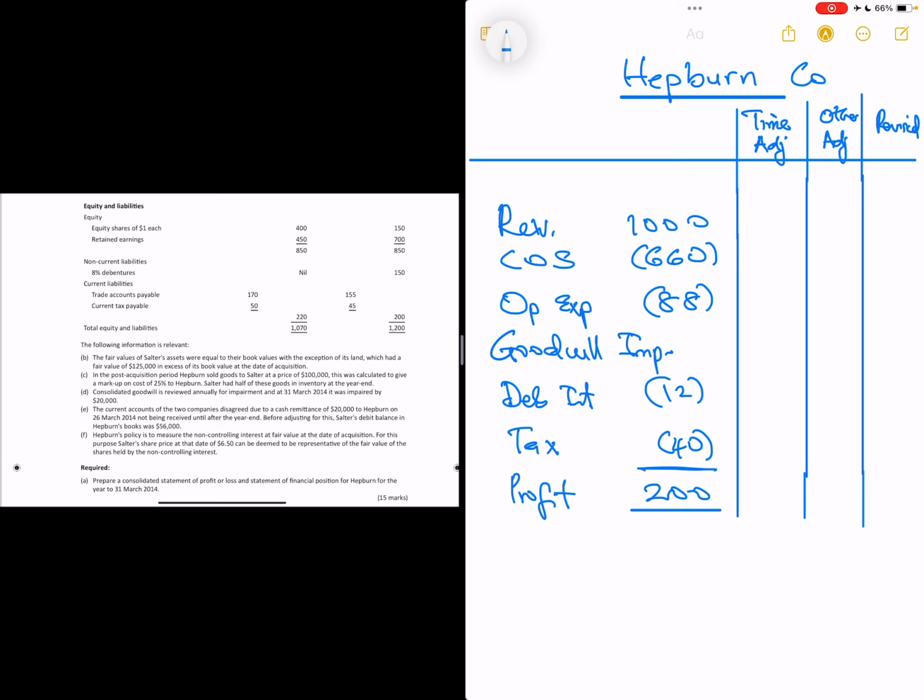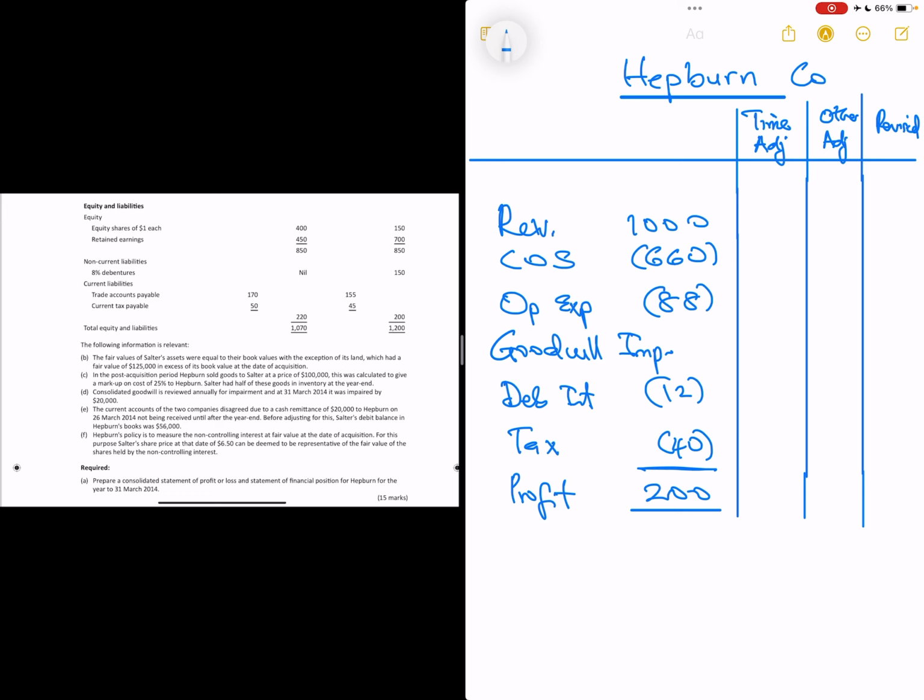So we're going to stick to our style. And our style is to first of all check if there has been acquisition during the year or at the beginning of the year. For this question, we can clearly see that this acquisition was made during the year.